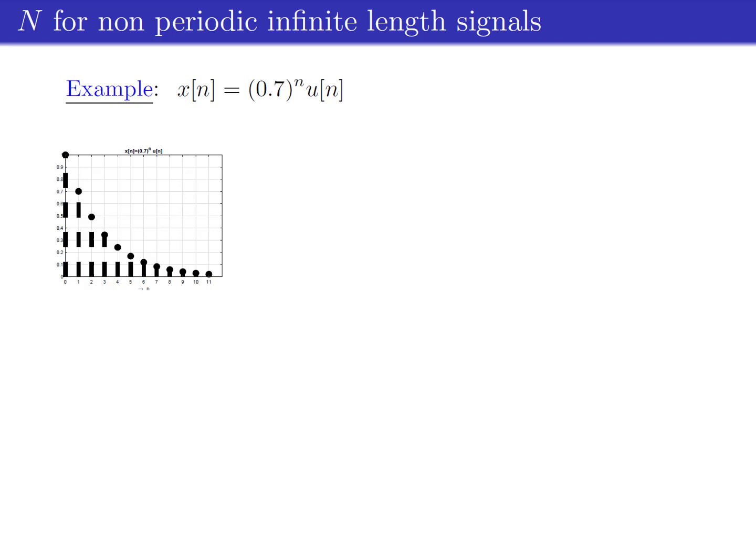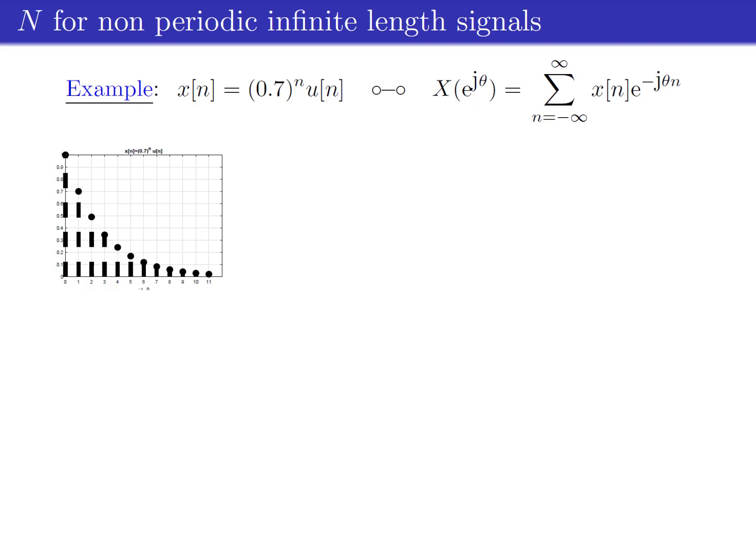In this final example, we will show that the N-point DFT of an infinite length signal will always be an approximation. In this example, we use the infinite length signal x[n] as depicted in the figure, which is an exponentially decaying function which starts at index n is 0.